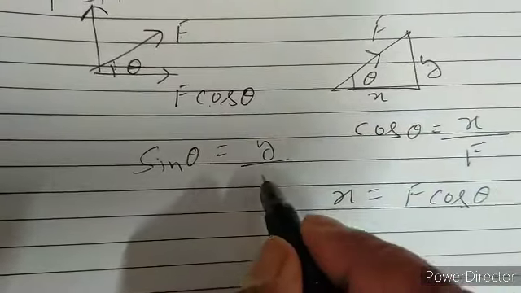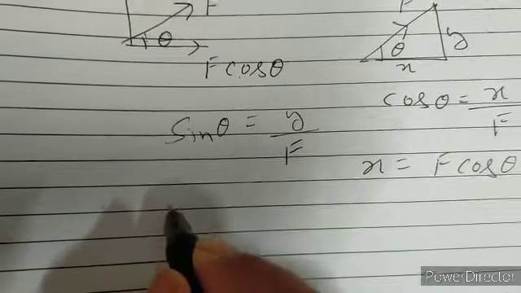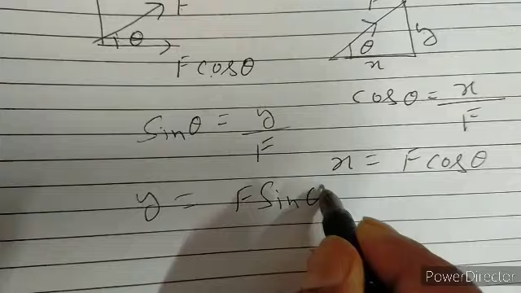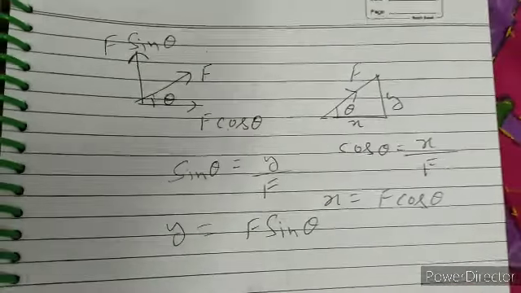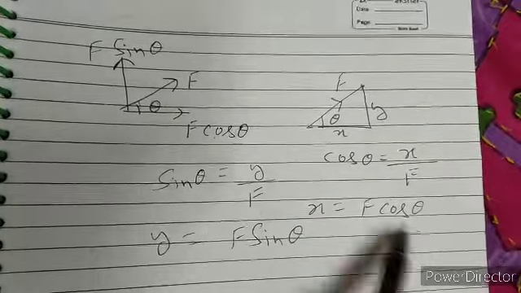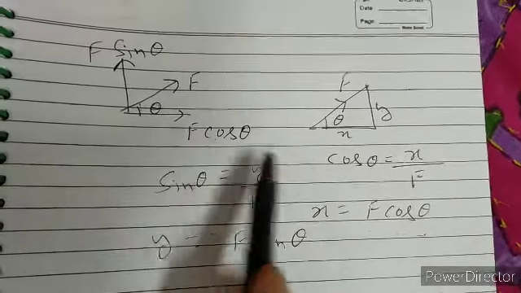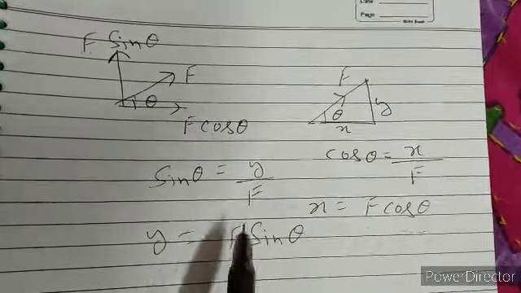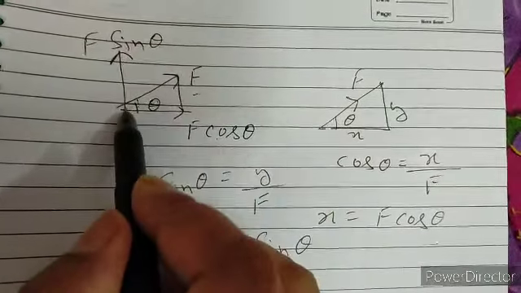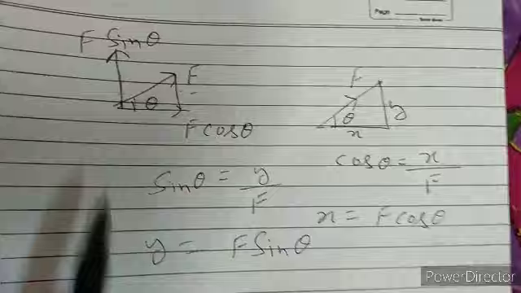Perpendicular is y, hypotenuse is F, then y is equal to F sin theta. Clear? Then you can see the component of F along x is F cos theta, and the perpendicular is F sin theta. So this is perpendicular, or you can take this parallel to this, F sin theta.